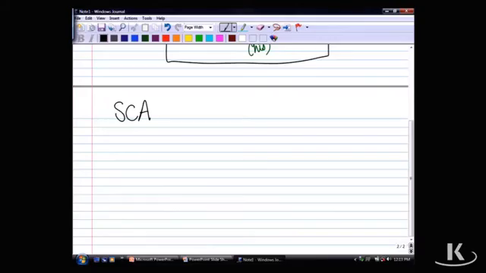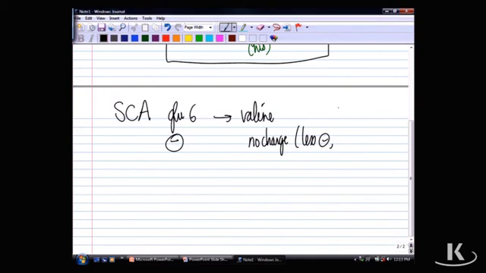Well, in sickle cell anemia, the point mutation is actually changing a glutamate at position 6 into a valine. And if that's the case, you're going from a negatively charged amino acid to valine, which has no charge. No charge means it's less negative, or if you want, it's more positive.